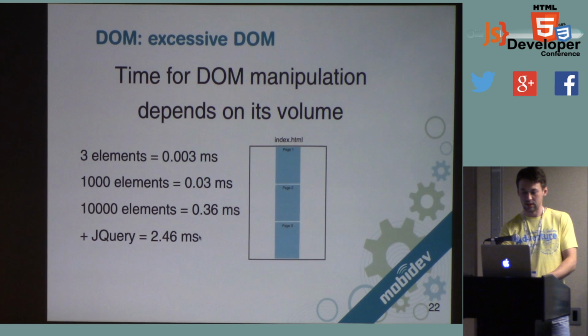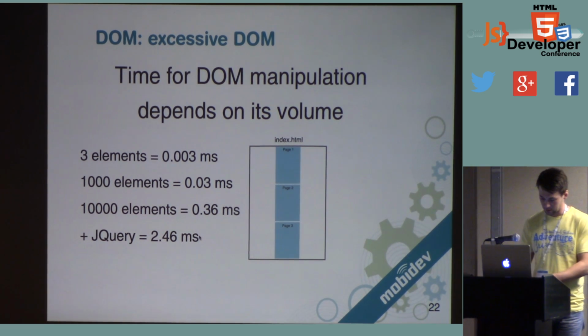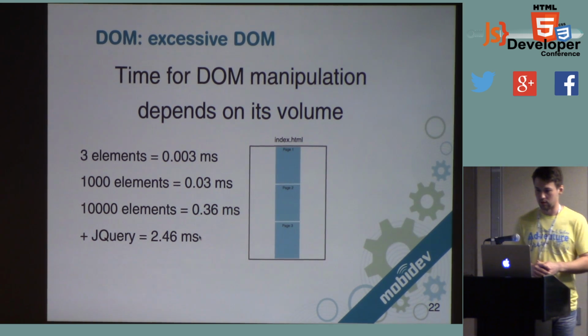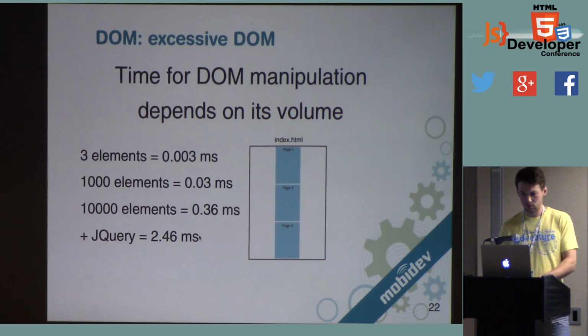On the next slide, you might see an example of how much time it takes to query an element of the DOM. If you have like 3 elements in your document object model, you will not notice that time. It's nothing.